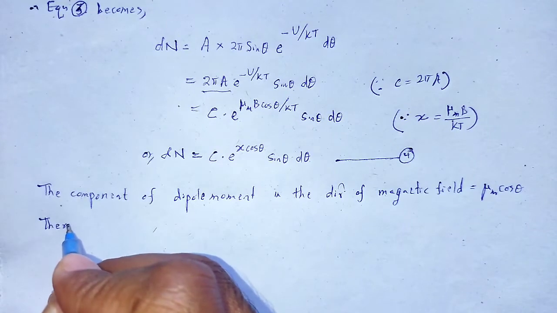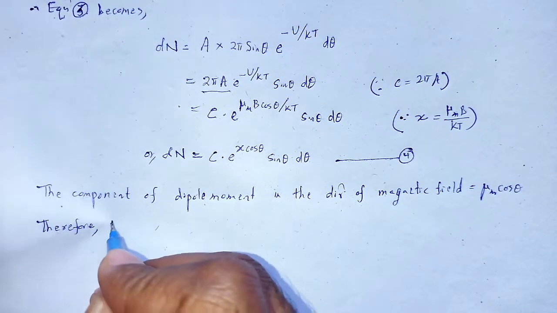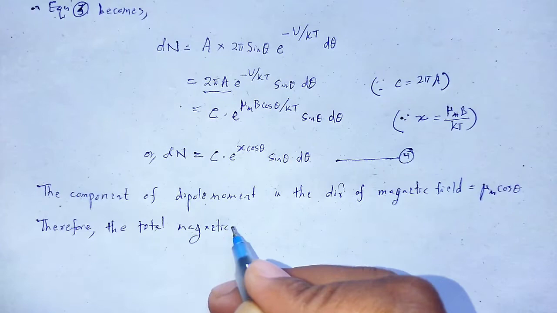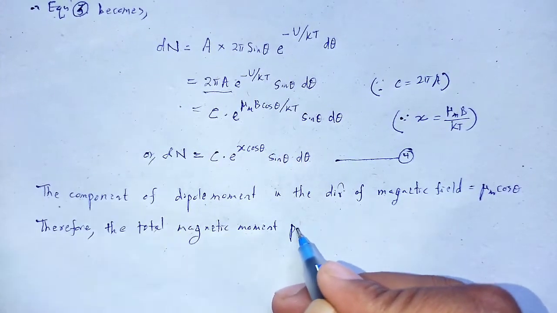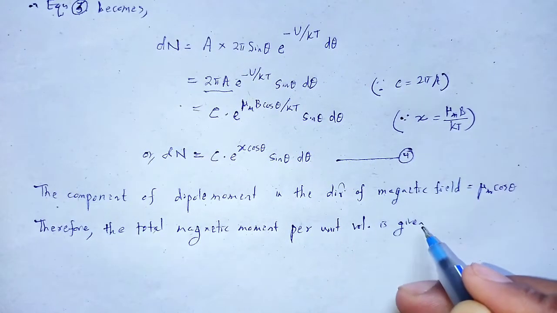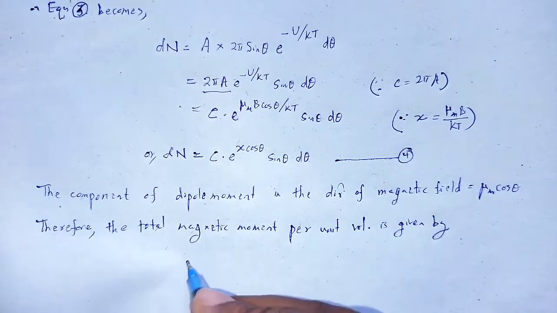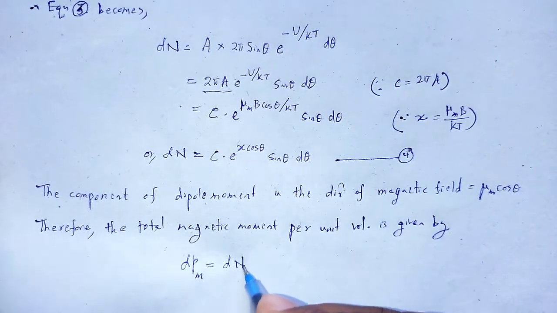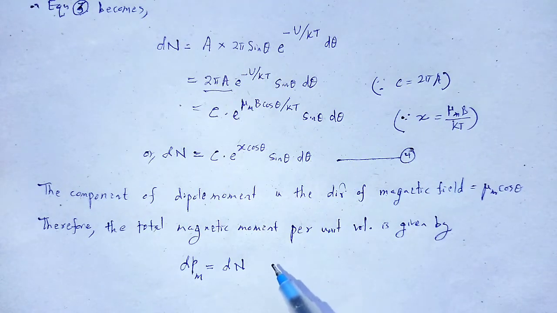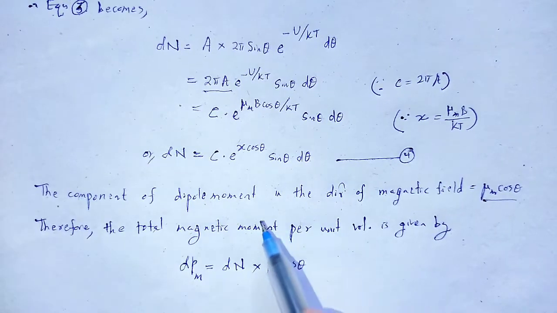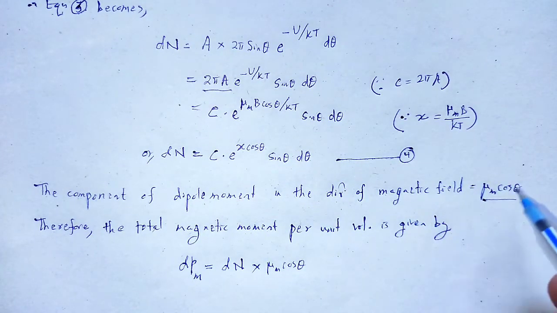Therefore, the total magnetic moment per unit volume, that is dPm, is equal to dN, that is the number of dipoles per unit volume within the solid angle d omega, that is dN, into that term mu m cos theta, the component of dipole moment along the magnetic field direction.